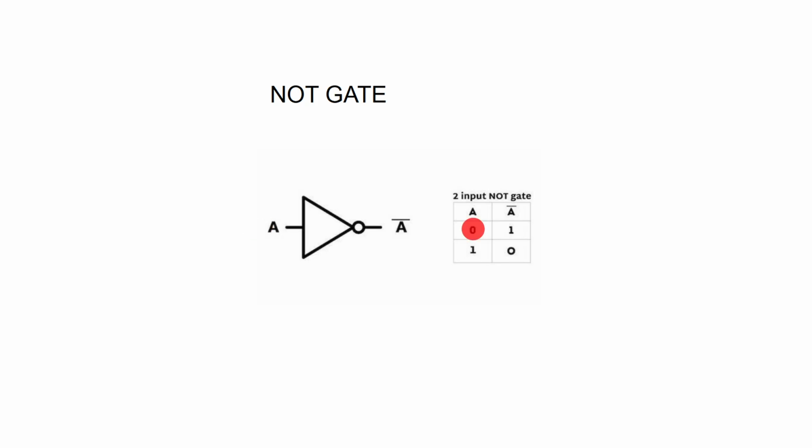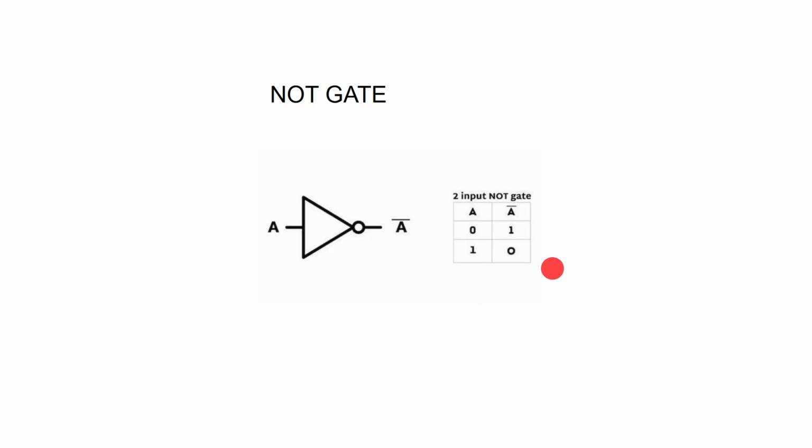Essentially, if it takes a 0, which is off, meaning electrical current does not flow, then the output becomes on. It does the opposite of what we tell it to do. If we tell it to go on, it goes off.